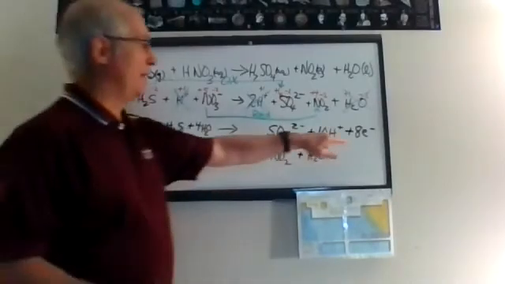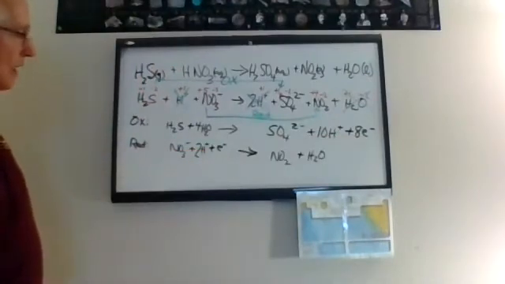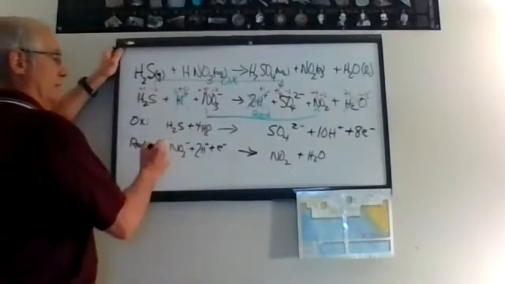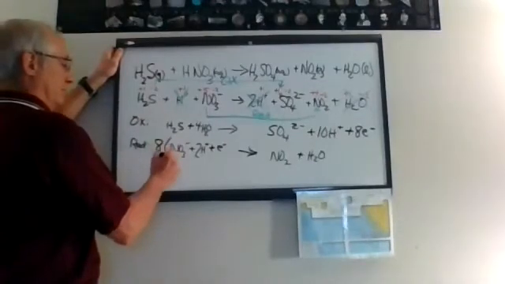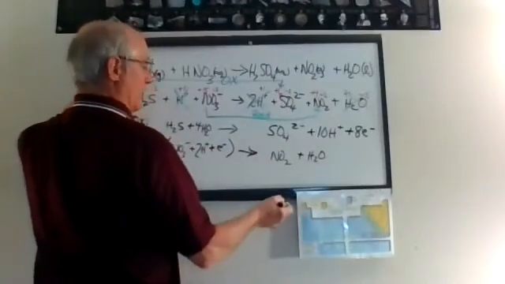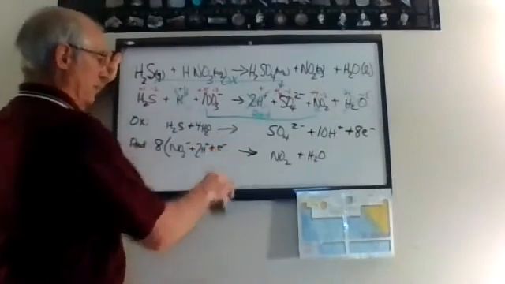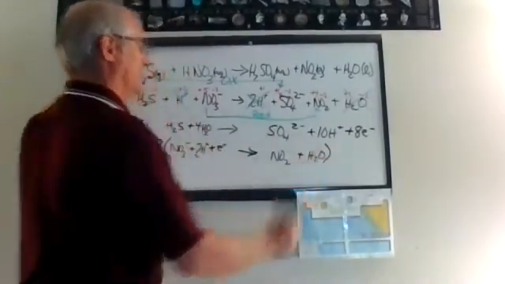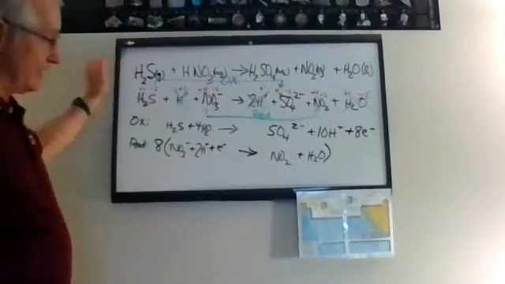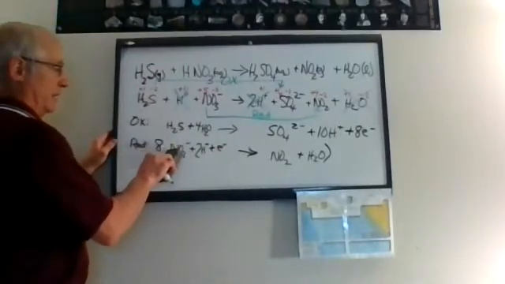Now you'll notice that you have 8 electrons up here and 1 electron down there. So what you're going to do is you're going to make the electrons the same. So everything down here gets multiplied by 8. And that would be 8 all the way across. Let's not put the end of the arrow parentheses there. Let's go like this. 8 times that whole thing. Now I'm going to go ahead and erase that because I'm running out of room at the bottom of my board. This is going to be 8 of those.